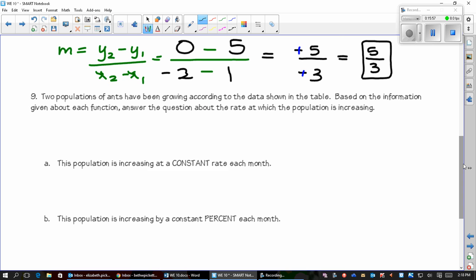Okay, number 9, 2 populations of ants have been growing according to the data shown in the table. And this is missing the table, so I'm just going to fill this in real quick.